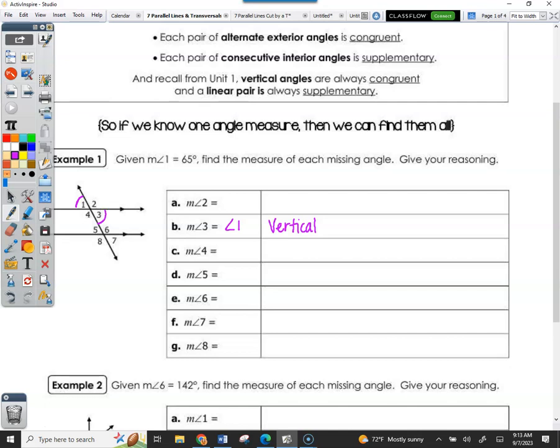Now they did give us something to start with. What'd they say? Angle 1 is 65. So I'm going to go right here and write 65. Which means, do I have enough to find angle 2? Alright, what would it be? 115.